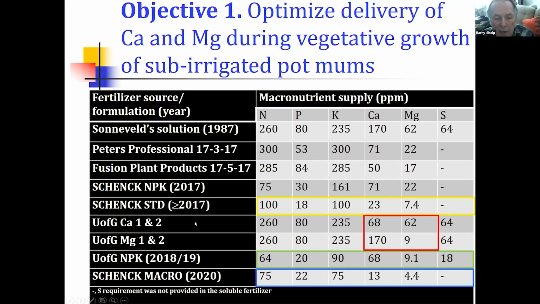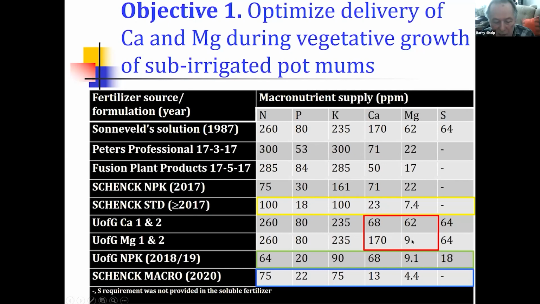In our research trials, which I'm calling calcium 1 and 2 and magnesium 1 and 2 at the University of Guelph, the calcium level was reduced by about 60% in comparison to the Schenck standard, and the magnesium by about 85%.